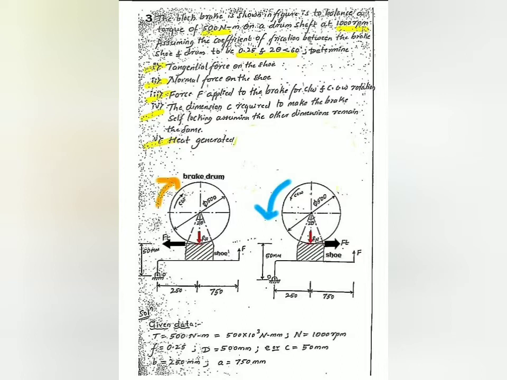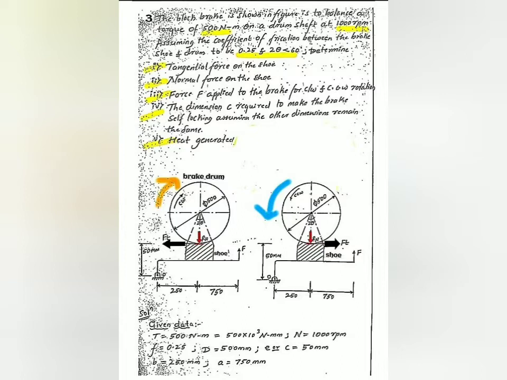If the brake drum rotates clockwise, you can see the direction of tangential force Ft, and if it rotates counterclockwise, then you can notice the direction of Ft in the second case. So the rotation direction has an influence on tangential force Ft.